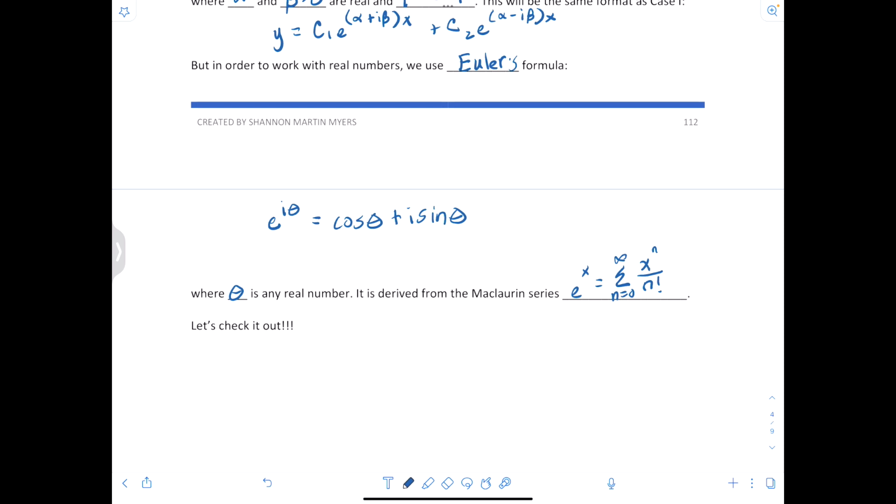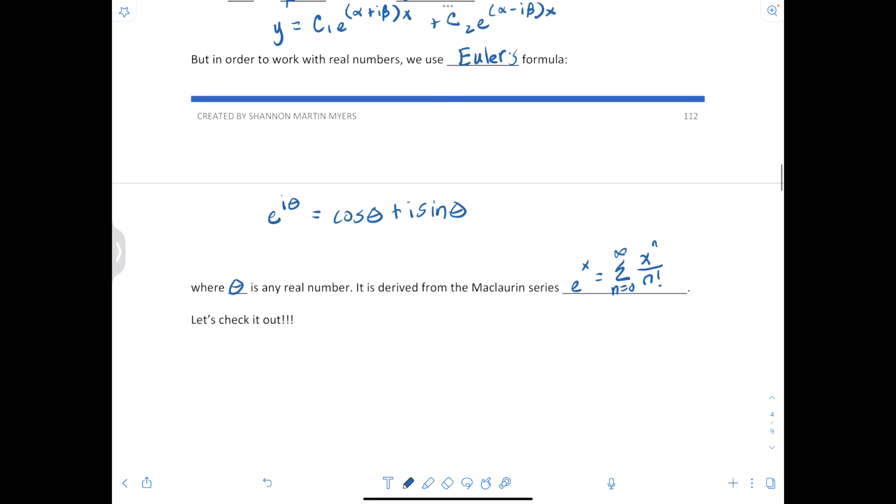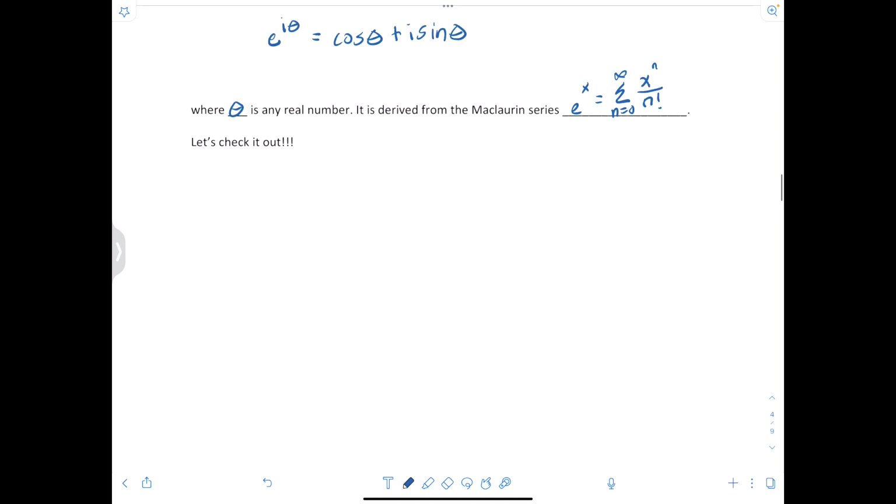So let's check this out, all right? First of all, we have I, we have theta, and you can see from the formula that you're going to end up with cosine theta and sine theta in there. I would be a multiplier to sine theta. So let's look at the patterns.